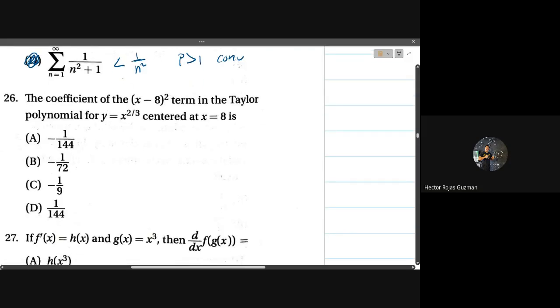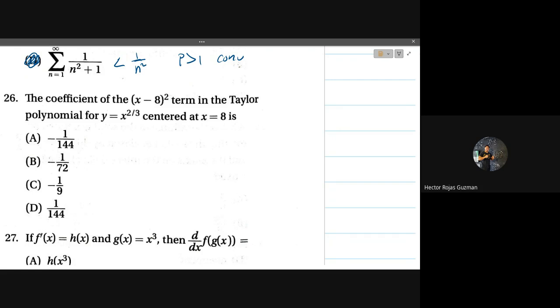26. The coefficient of the x minus 8 squared term in the Taylor polynomial for x to the power of 2/3 centered at 8 is. Okay. Let's not overthink it. Let's get our generic form for the Taylor polynomial.